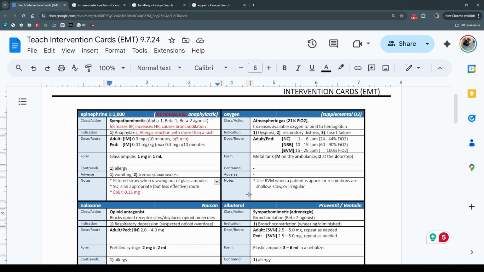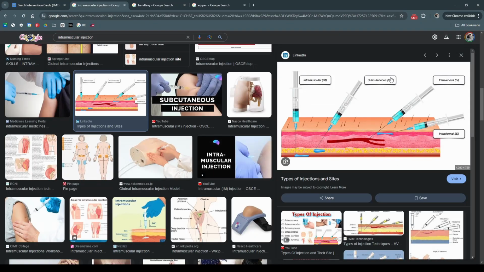Sub-Q, or subcutaneous, is what SQ means. Subcutaneous essentially means going below the cutaneous tissue, or into the subcutaneous tissue, I should say, for the fat.